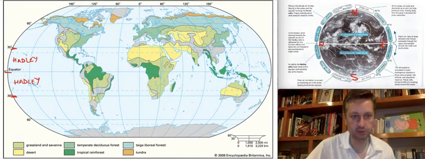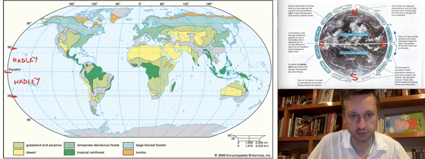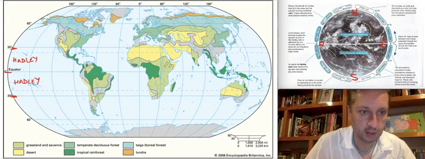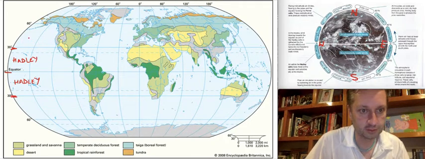And on this map you can see the distribution of the biomes. Directly at the equator you've got equatorial rainforest. That moves from rainforest to grassland, and then at the edge of the Hadley cell into desert, which is what hopefully I said before. Above the Hadley cell and below the Hadley cell, or I should say to the north and the south, you've got the Ferrel cell.